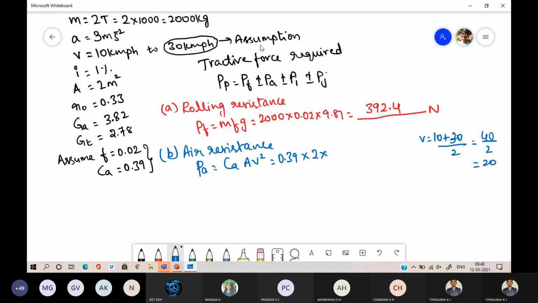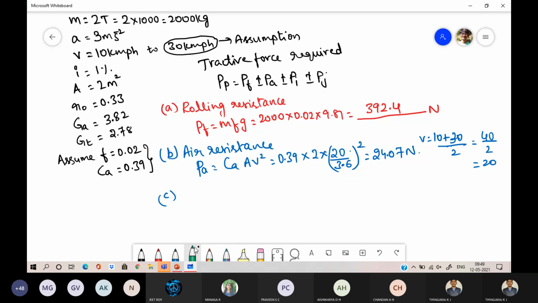So this is an assumption. If they are not given, you assume 30 kmph only, plus 20 kmph. So it is 20 divided by 3.6 whole square. How much are you going to get? 24.07 Newton. Okay.